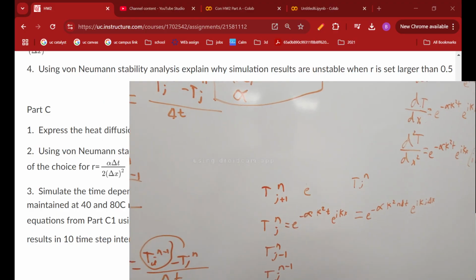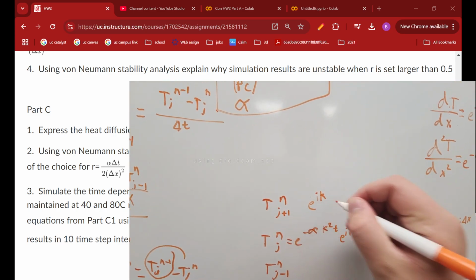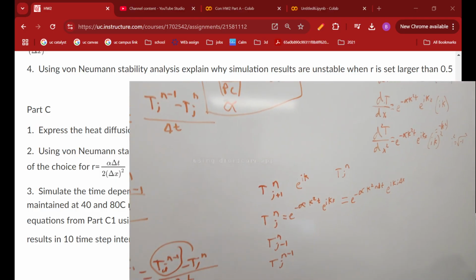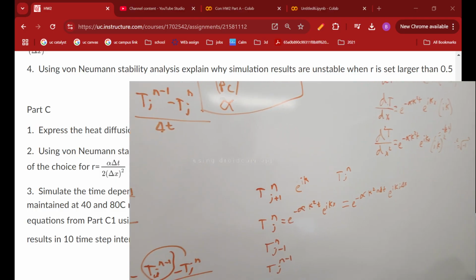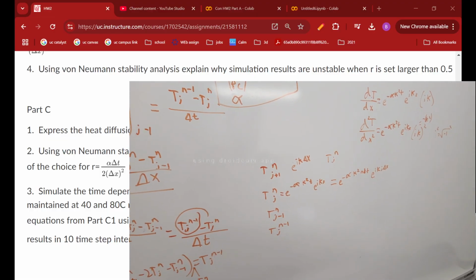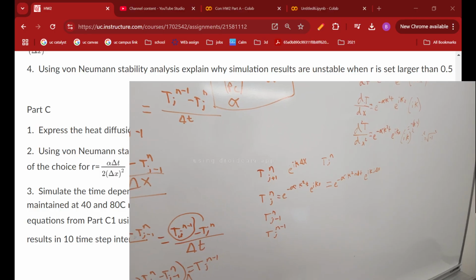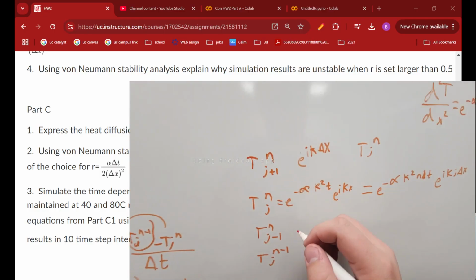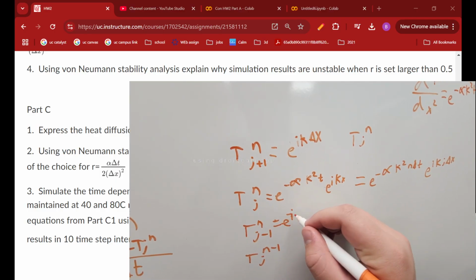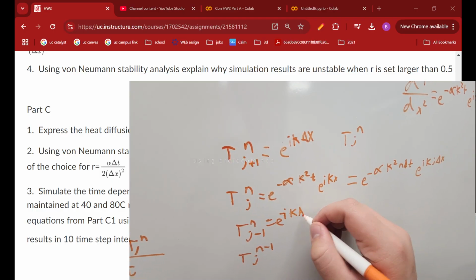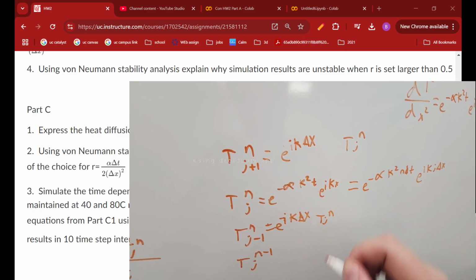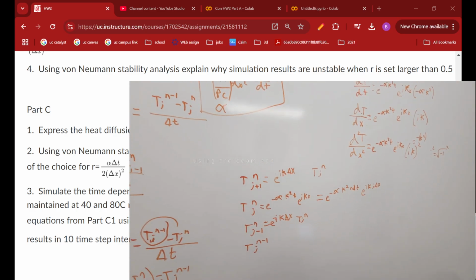The plus 1 portion would be just i k j, which we have, so delta x. So now we need the minus version of it, which would be here. Oops. E to the negative i k delta x, t j to the n.